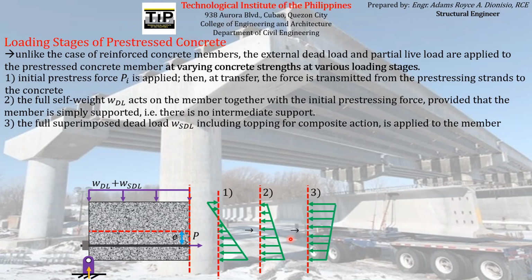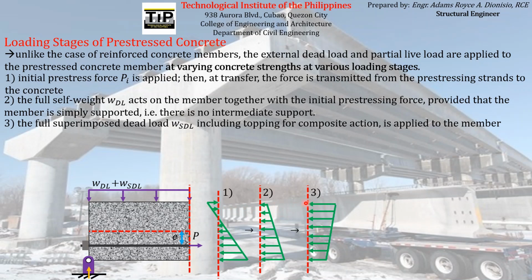You can see here the variation of the stresses from the extreme top fiber to the extreme bottom fiber. The stresses on the extreme bottom fiber tend to have lesser and lesser magnitude, while the stresses acting on the topmost fiber tend to have a larger magnitude as we go along the different loading stages of the prestressing operation.